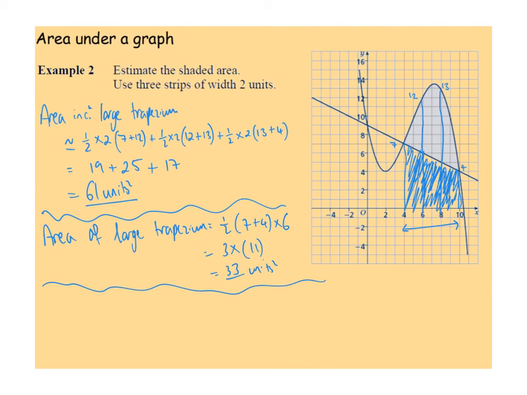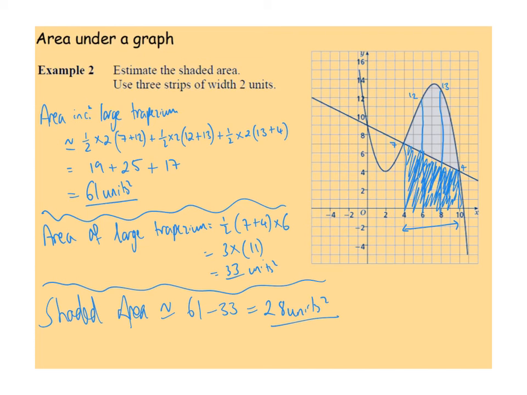And so that makes the shaded area 61 subtract 33, which is 28 units squared. So that's one way you could do that question.